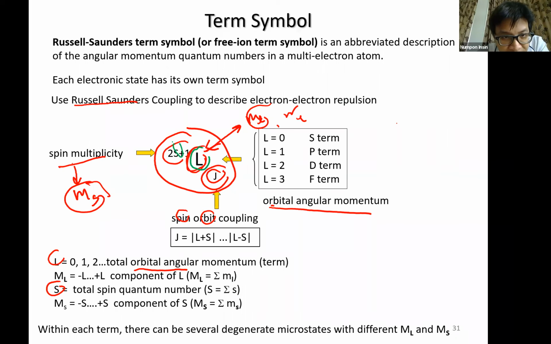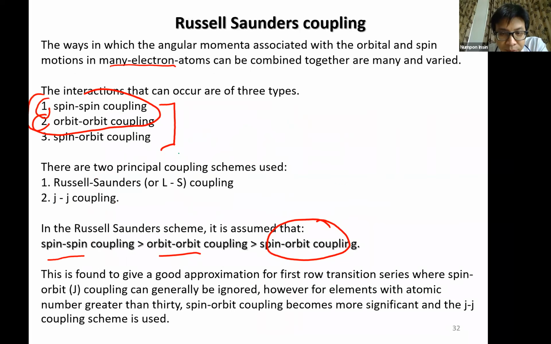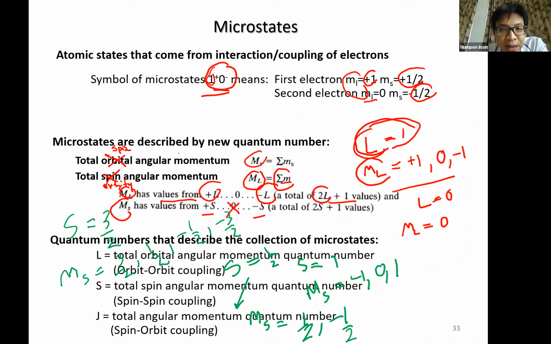But don't forget that after you get S, don't be so happy. You have to calculate a little bit more, 2S + 1, to get the spin multiplicity, to put in the symbol. Okay, so this is the idea.